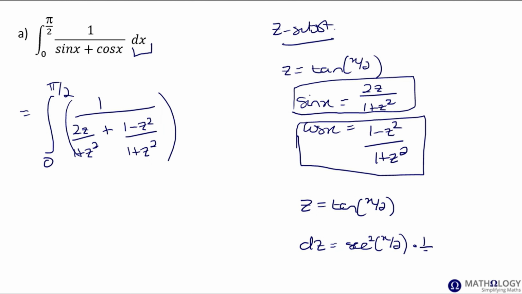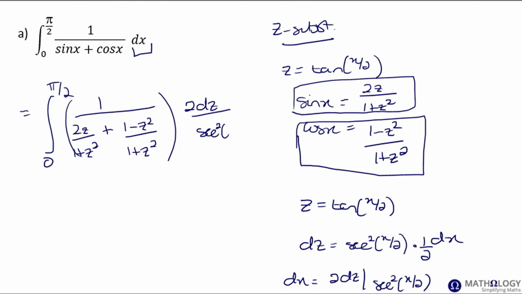So you have to multiply that by a half, and that'll be dx. So dx will be 2 dz over sec squared x over 2.